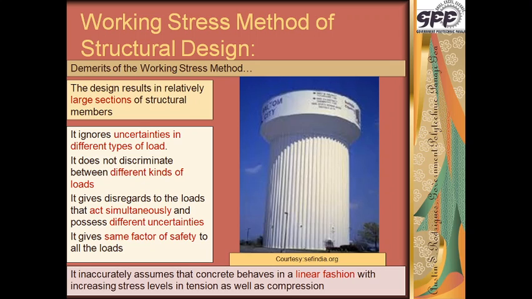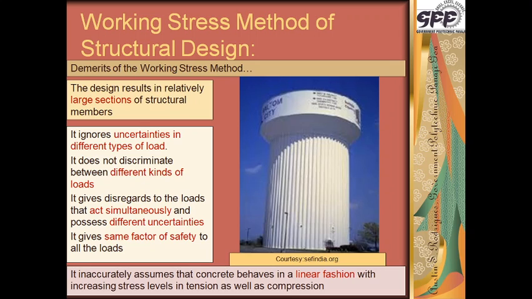Another big inaccurate assumption is that it assumes that the concrete behaves in a linear fashion with increasing stress levels in tension as well as compression, which is not true.